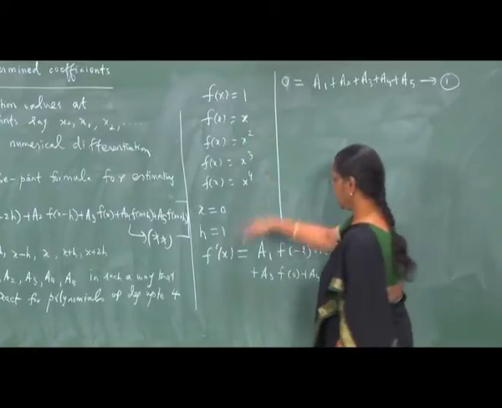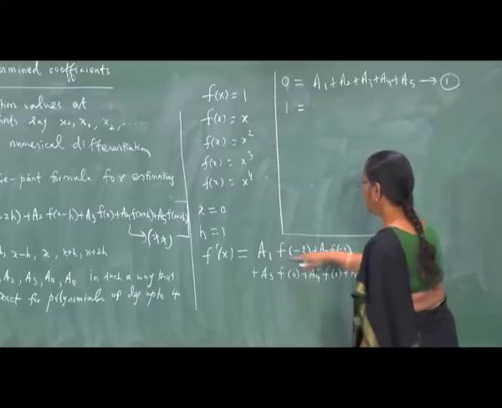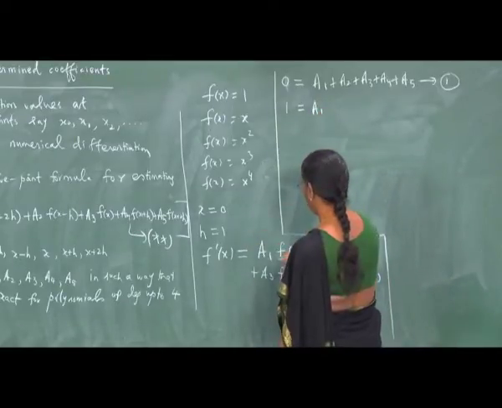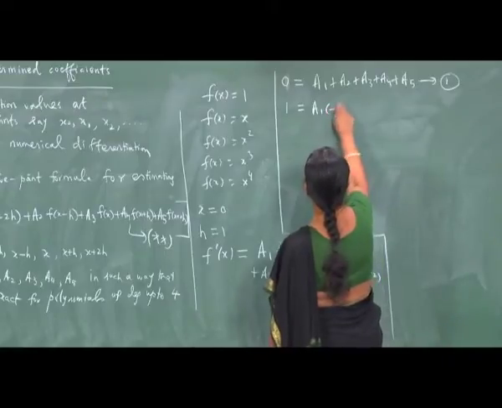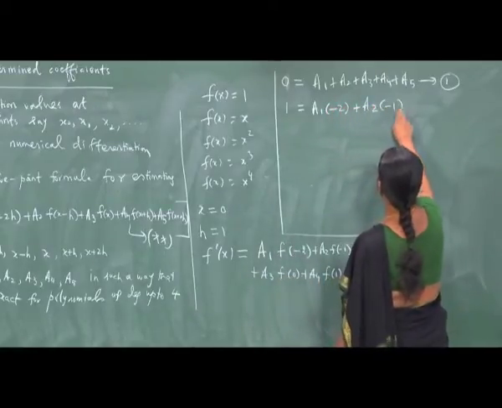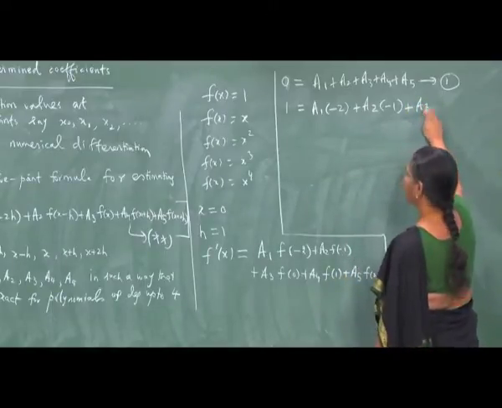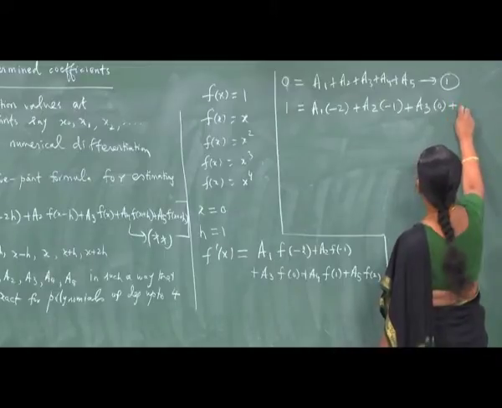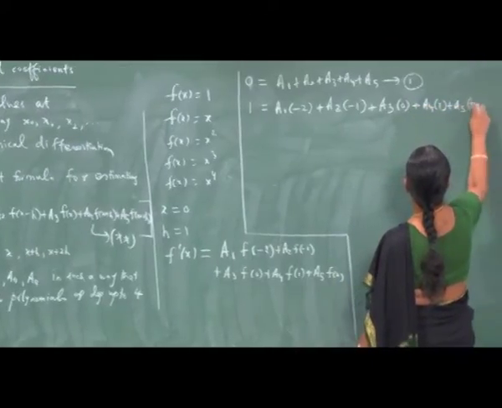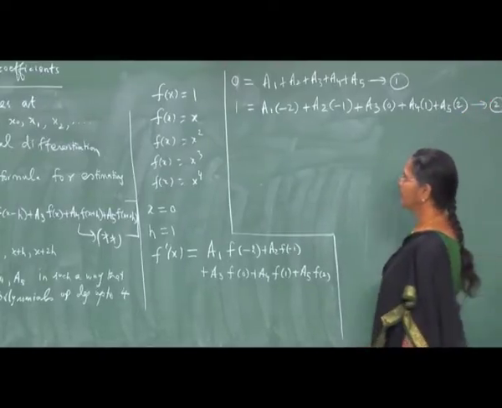When f of x is x, f prime x is 1 and that will give you a1 into f of minus 2, which will be minus 2, plus a2 into f of minus 1 plus a3 into f of 0 plus a4 into f at 1 plus a5 into f at 2. So, that gives you the second equation.